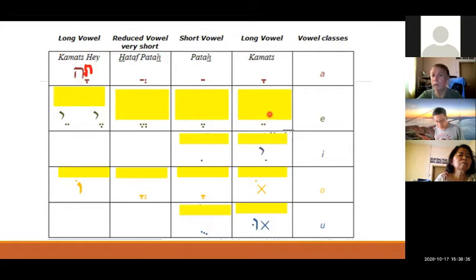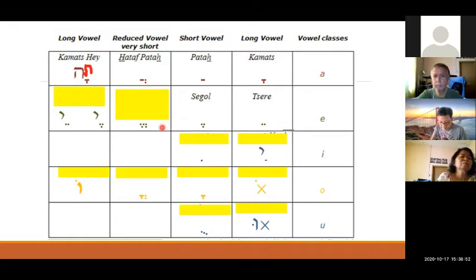Sere. Yes, sere. Now we are exaggerating just to help us remember, it is the long E vowel. The next one, the short E vowel, not as long as sere. Somebody please. Segol. Very good.